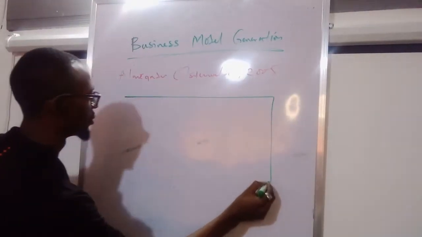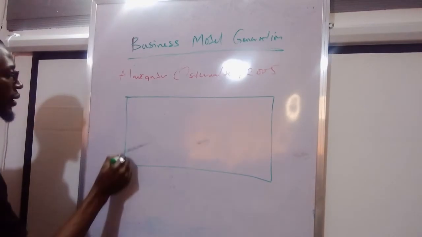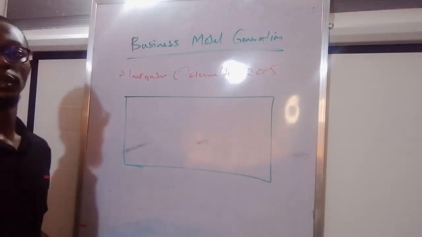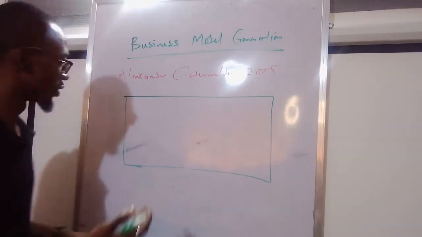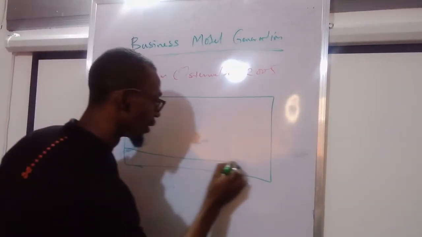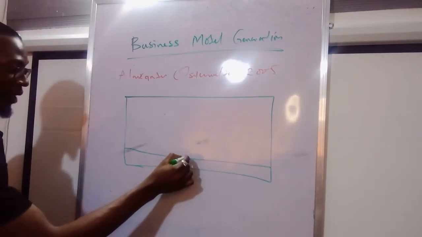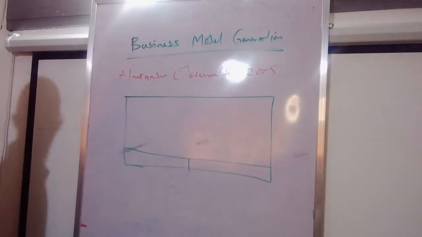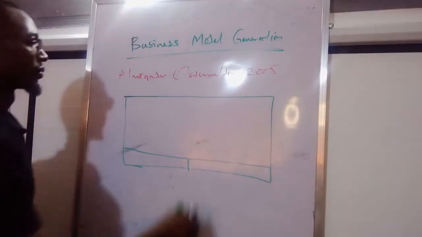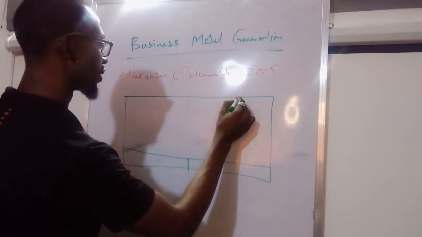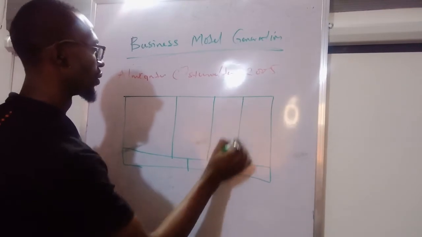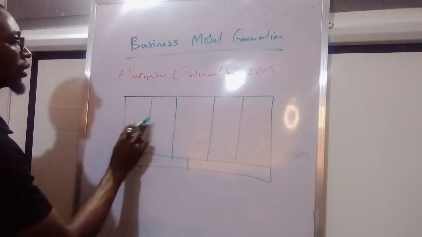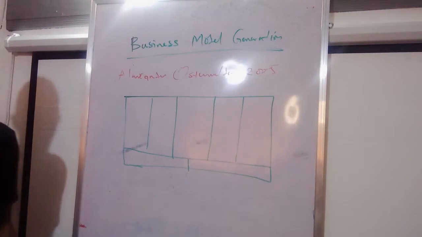But first, let me introduce you to the diagram. You should be able to know how to construct this diagram in your dreams. I'm taking the simplest route: you divide this into two. Are we together? Now this part, you divide it into 1, 2, 3, 4, 5.